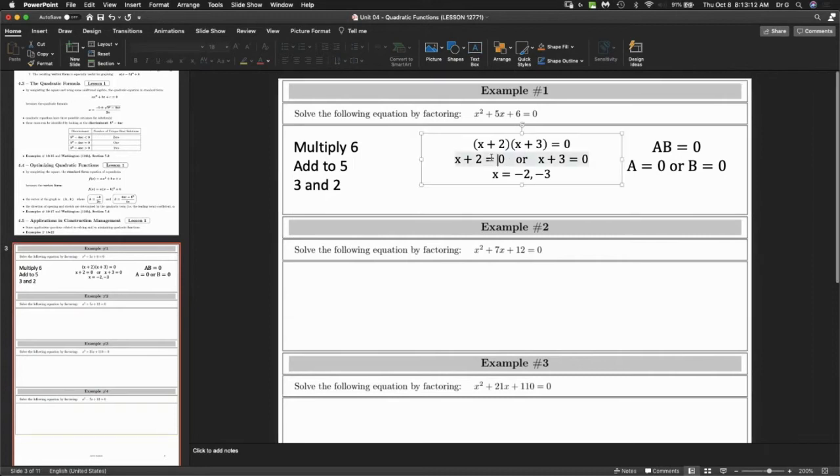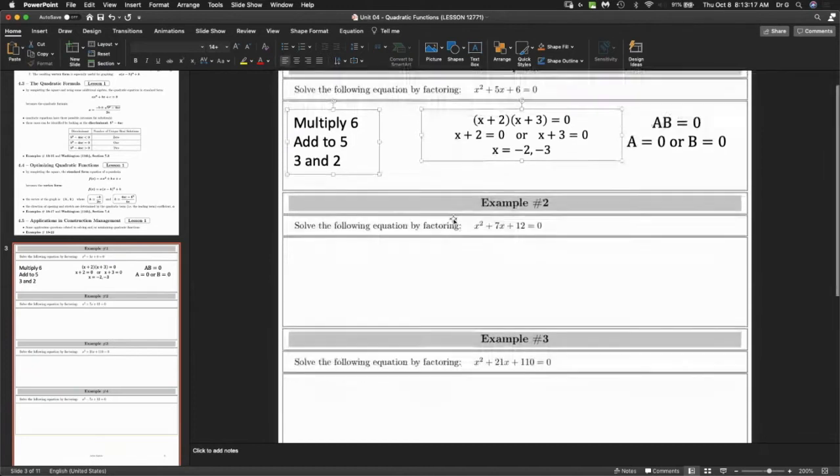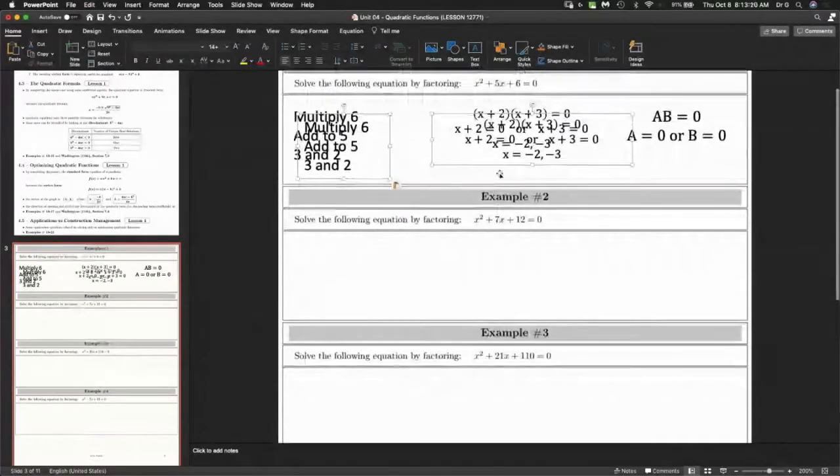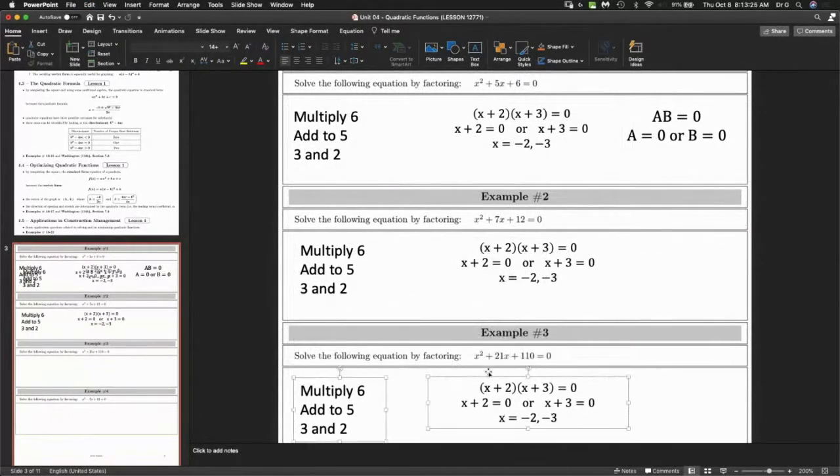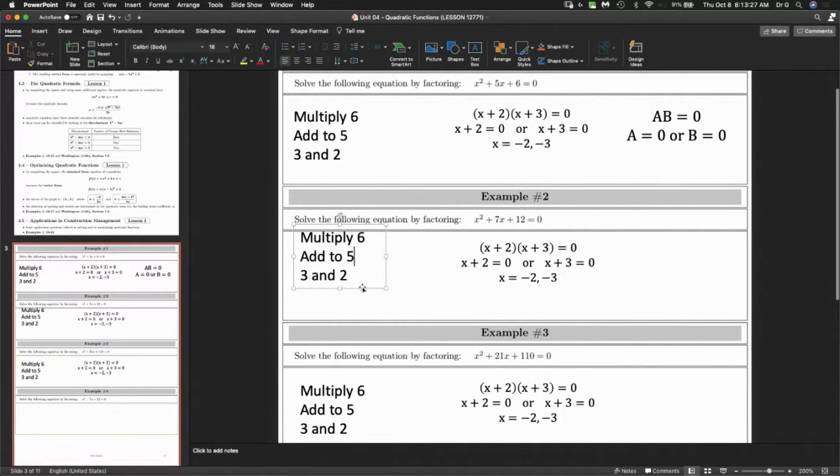That's the process there. So what I want to do now is just repeat this process maybe 2 more times. In this next one, we want two numbers that multiply to 12 and add to 7.